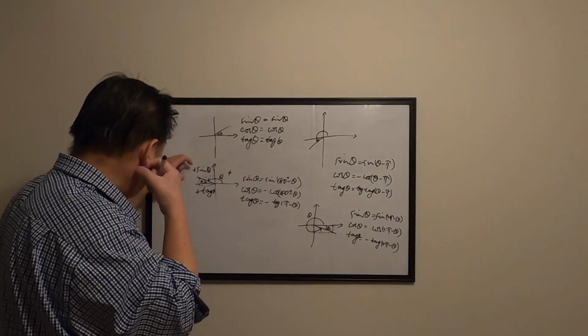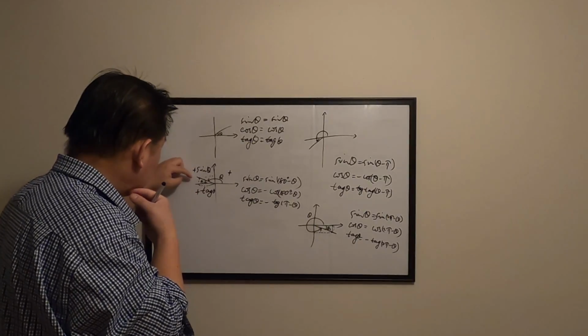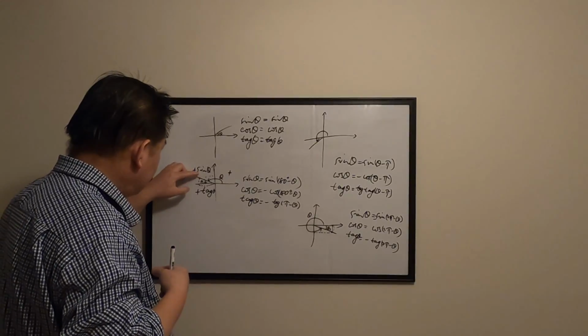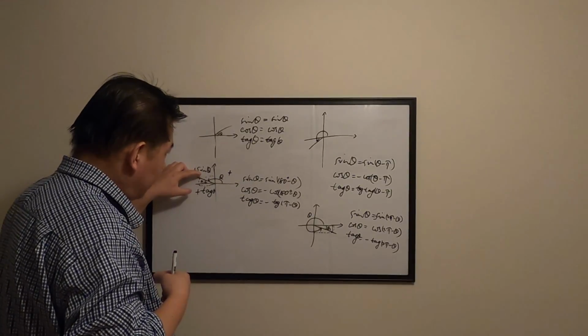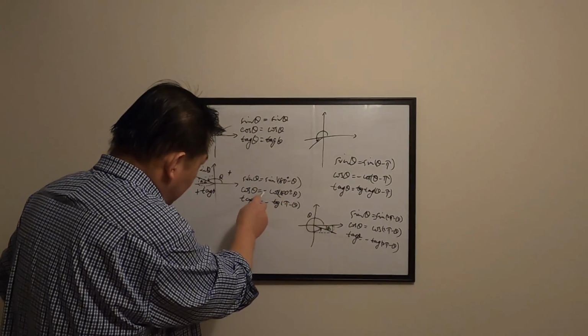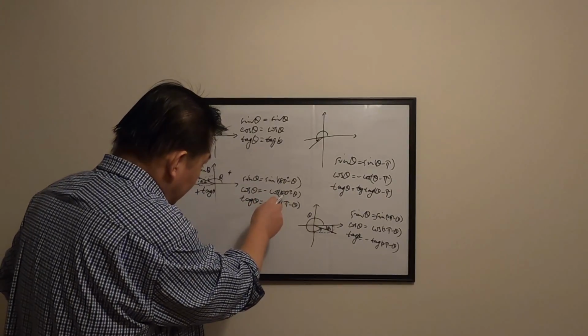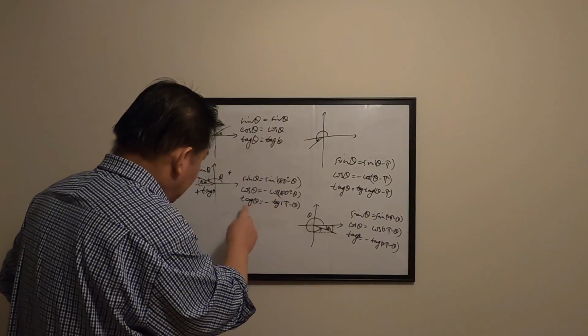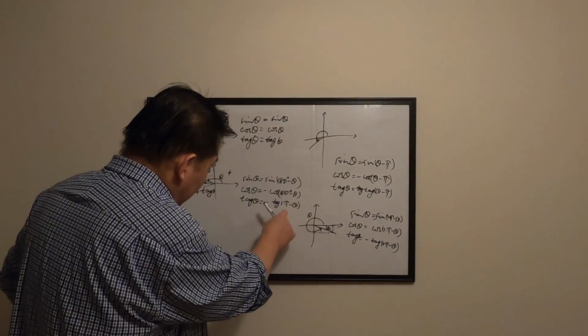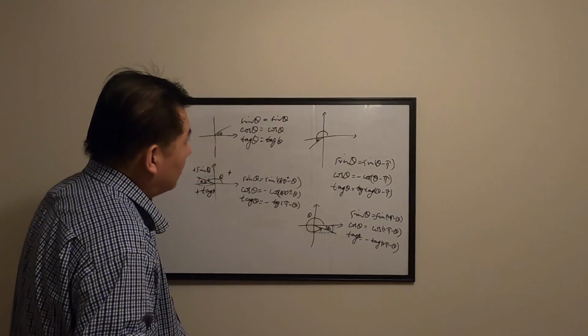But in the second quadrant, only sine is positive, the others are negative. So cosine theta is equal to negative cosine of 180 degrees minus theta. Tangent theta is negative tangent of pi minus theta.